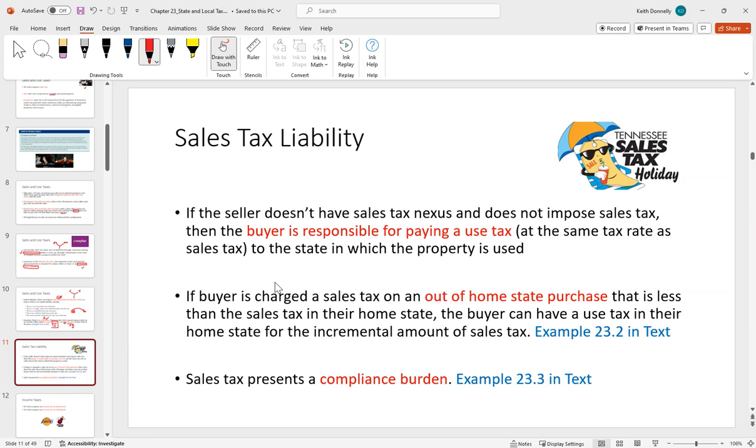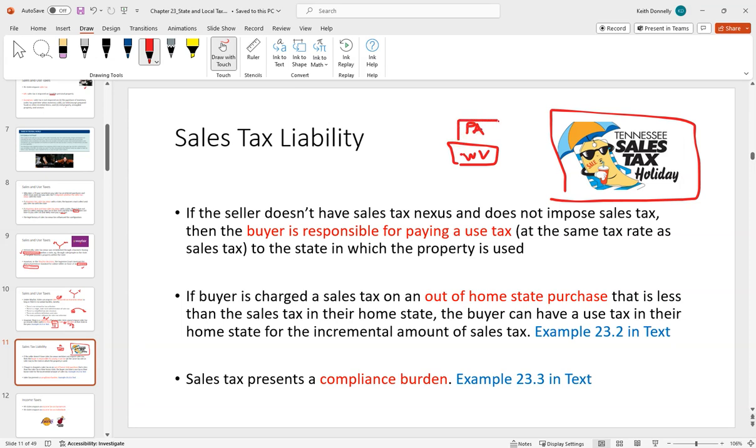So we said here, if there is no sales tax nexus, what normally happens then is that the buyer is responsible for paying a use tax on that. So what's going on here? A lot of times there will be states that have sales tax holidays, right? So say that you're in West Virginia, and Pennsylvania up here.